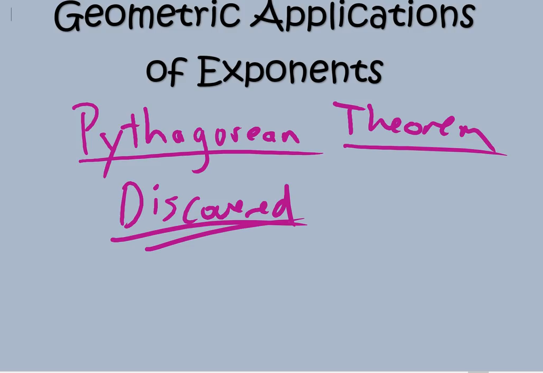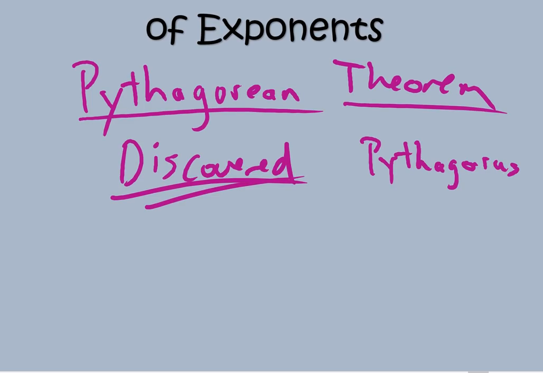This guy, his name was Pythagoras, and he was Greek. And he is credited with coming up with the formula, or discovering the concept of the Pythagorean theorem, what is now called the Pythagorean theorem. But that's garbage.